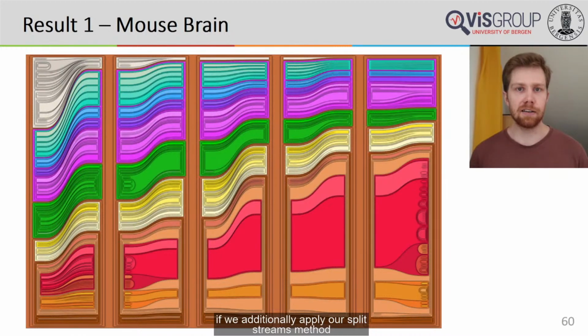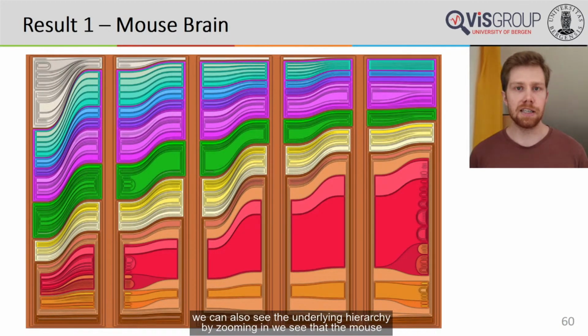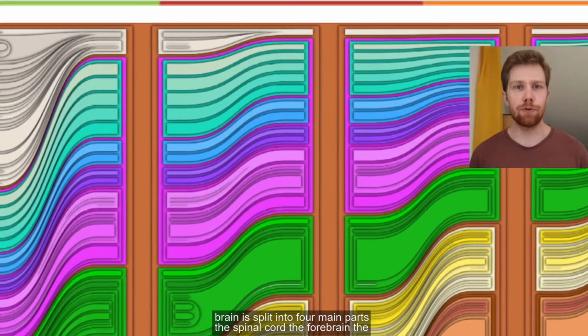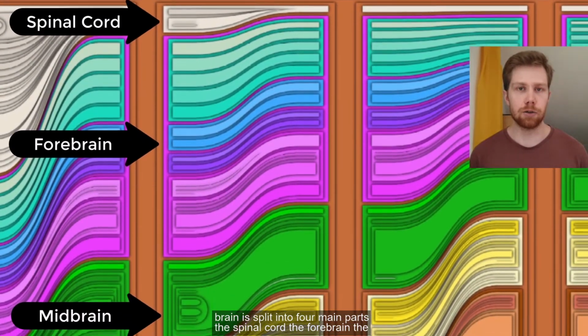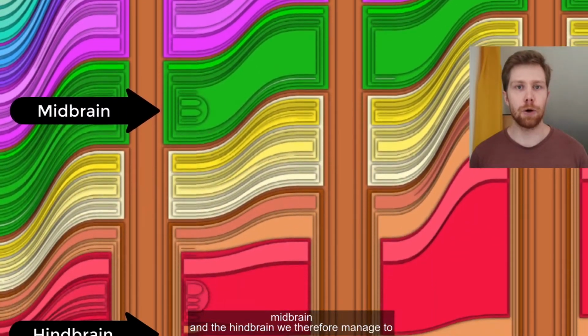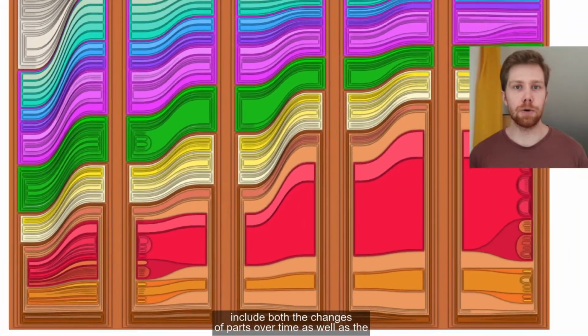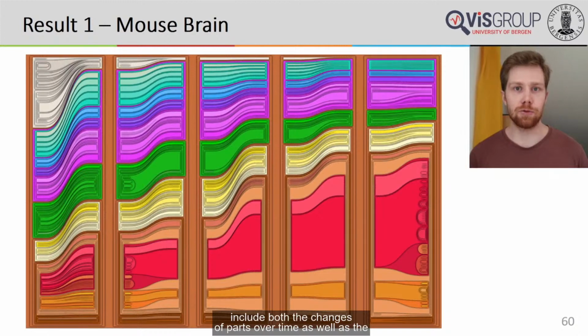If we additionally apply our split streams method, we can also see the underlying hierarchy. By zooming in, we see that the mouse brain is split into 4 main parts: the spinal cord, the forebrain, the midbrain, and the hindbrain. We therefore manage to include both the changes of parts over time as well as the underlying hierarchy in a single visualization.